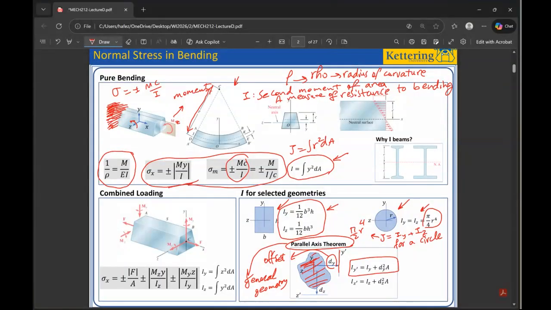It could be positive if you're pulling, negative if you're pushing. But the stress will always retain its value. It will be positive all the time, or negative all the time, or zero if there's no force. Otherwise, it never switches from one value to another at different locations when you're talking about average values.